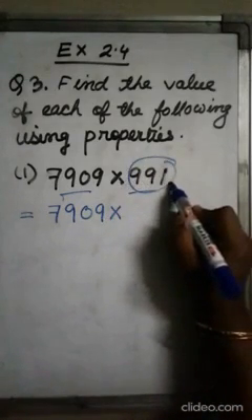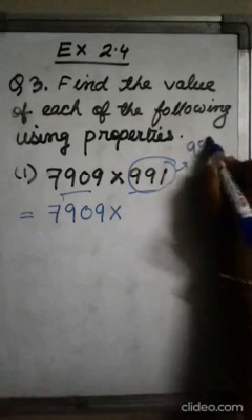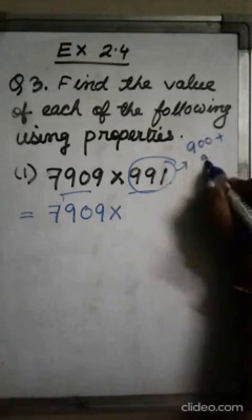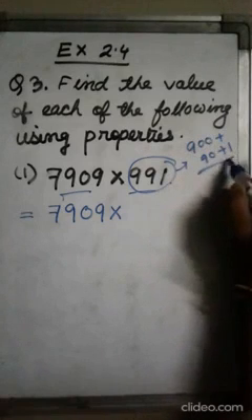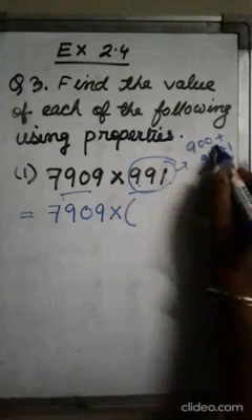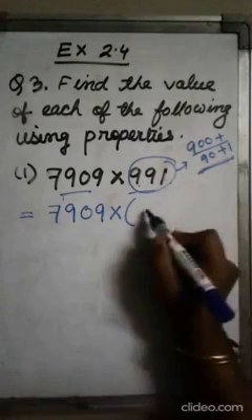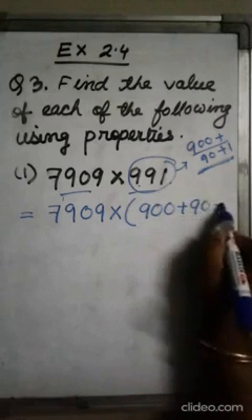You remember expanding the number. What is this number? 900 plus 90 plus 1. You have done in chapter 1. So within bracket, for this I shall write its expanded form. That means 900 plus 90 plus 1.